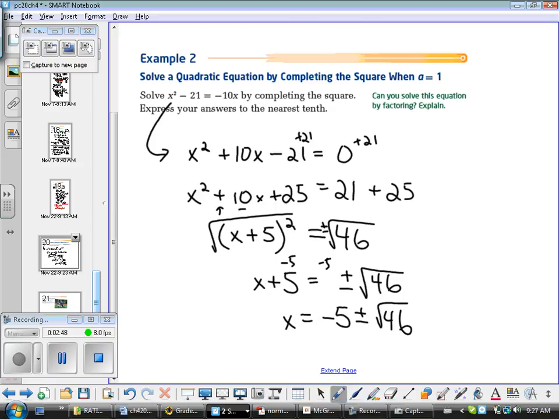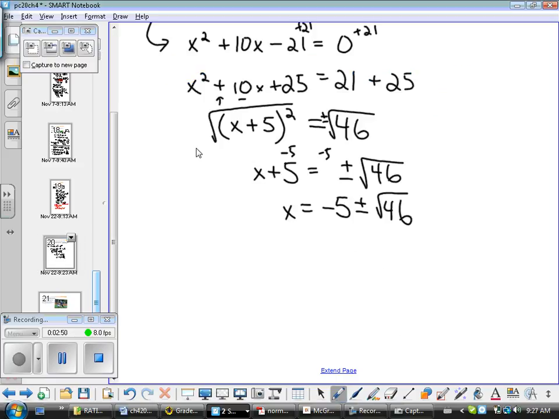Okay, so it asks us to express our answers to the nearest tenth. All right, the square root of 46 is 6.8. Okay, so we're looking at x equals negative 5 plus 6.8, and x equals negative 5 minus 6.8.